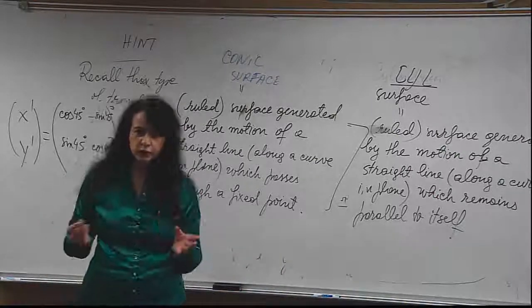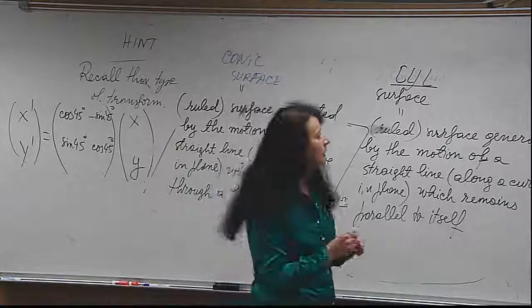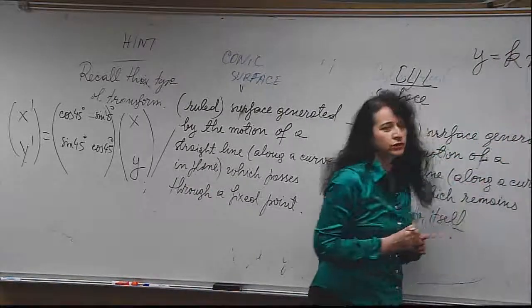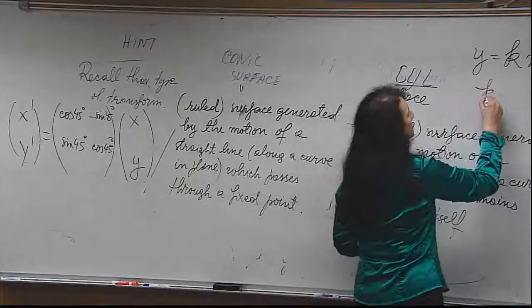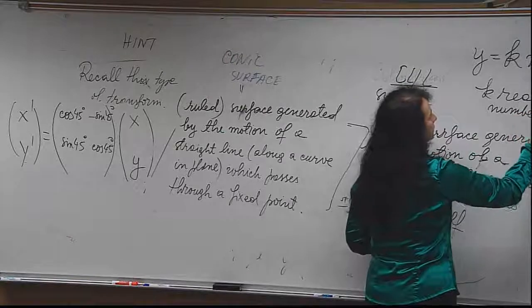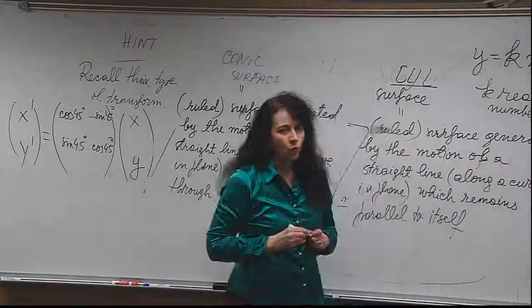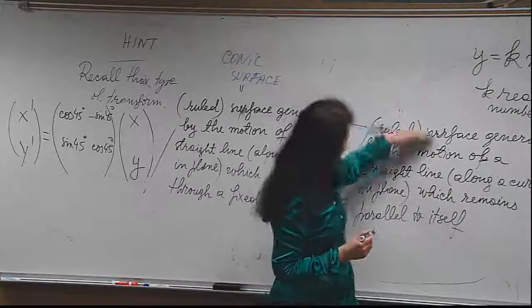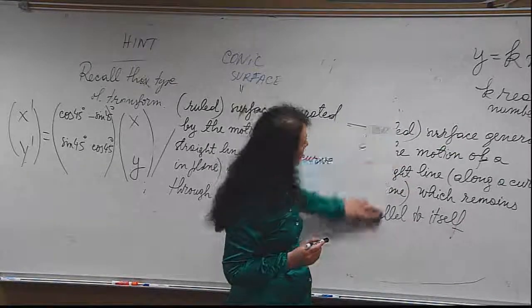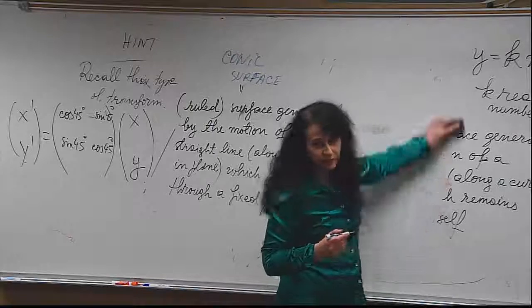The family of solutions of that equation was of the type y equals kx, where k was a non-zero real parameter. What is this if you draw that in a plane? y equals kx is a pencil of lines.